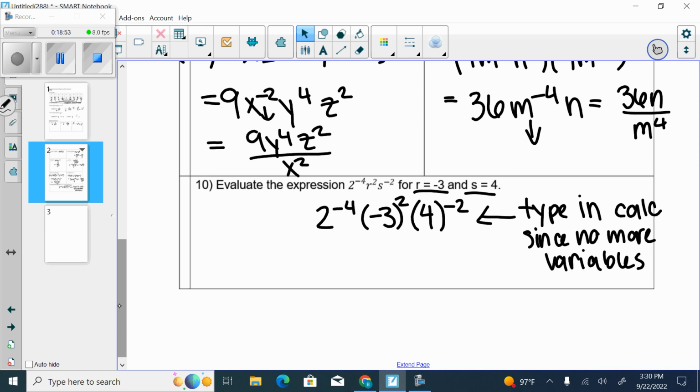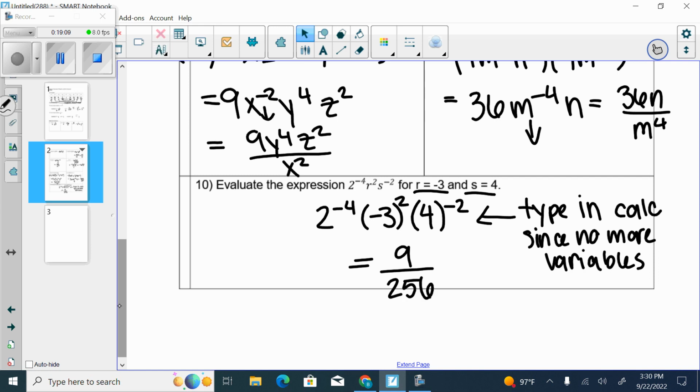And if we get a decimal, remember we can do math, enter, to turn it back into a fraction. And what do we get? Good. 9 over 256. Very good.